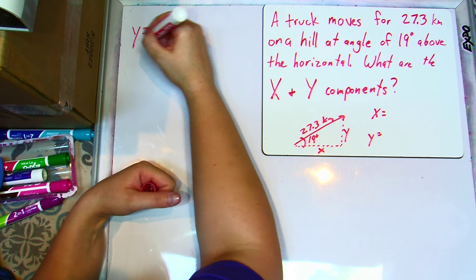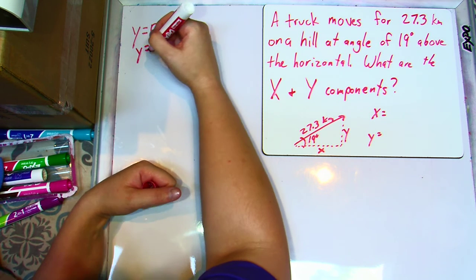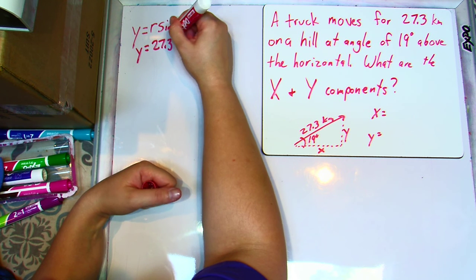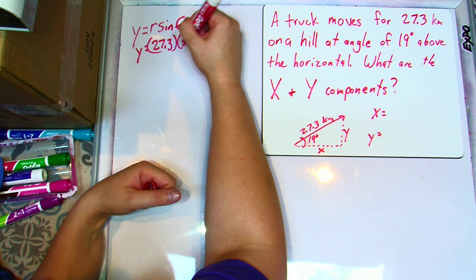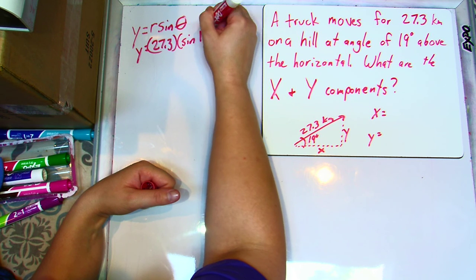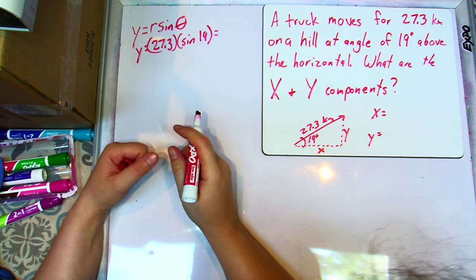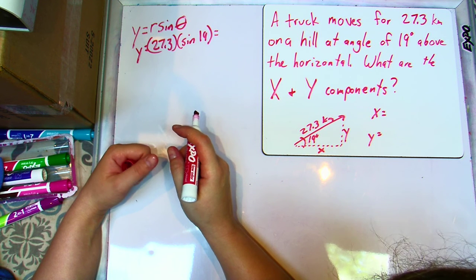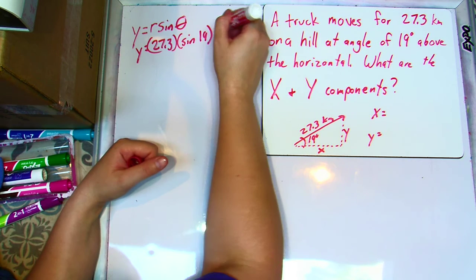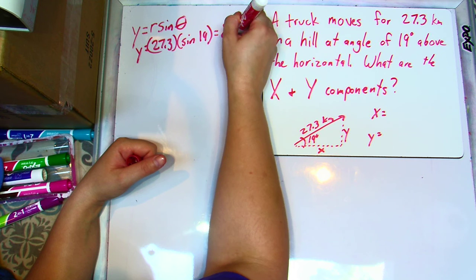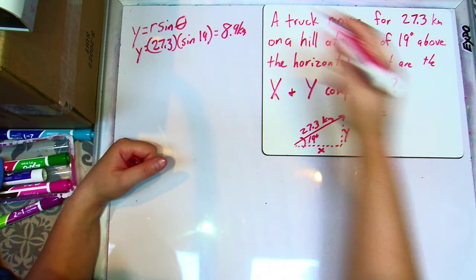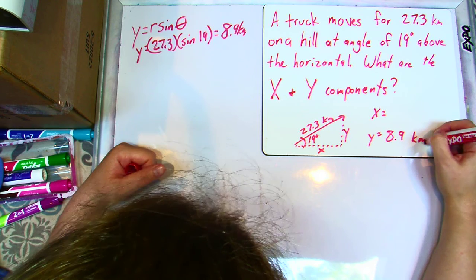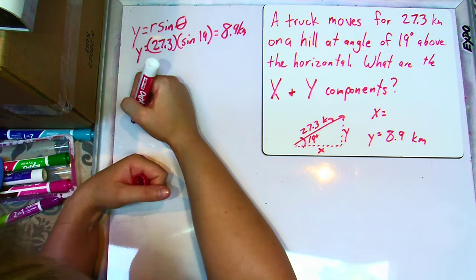So that equals 27.3 times sine of 19 degrees. And we get 8.9 kilometers.